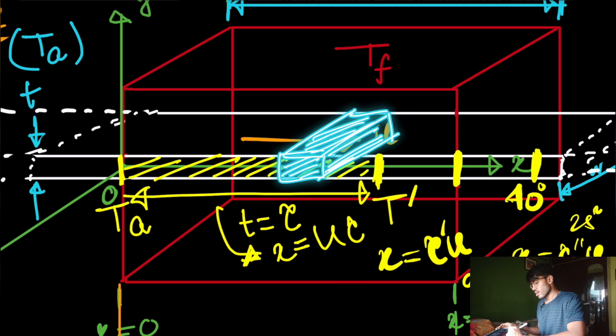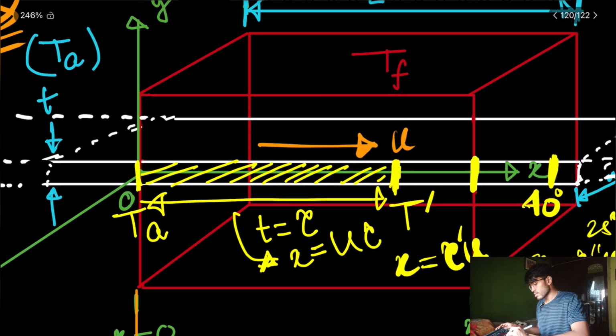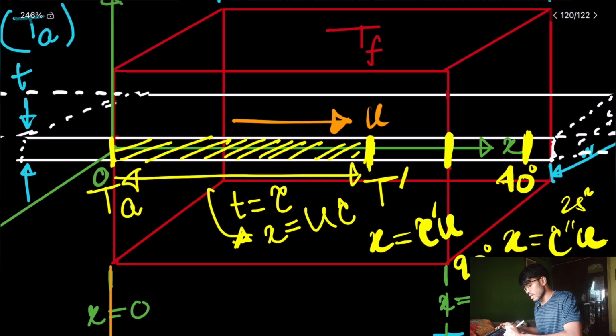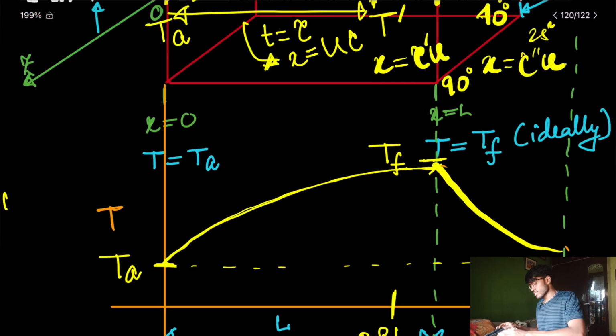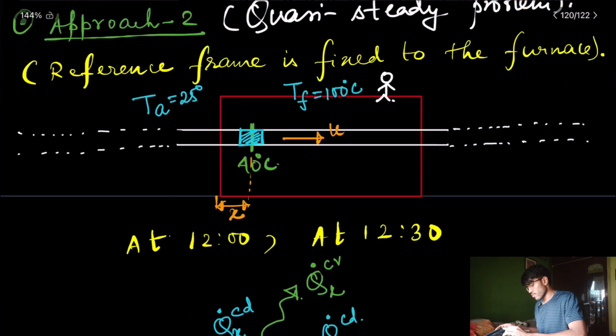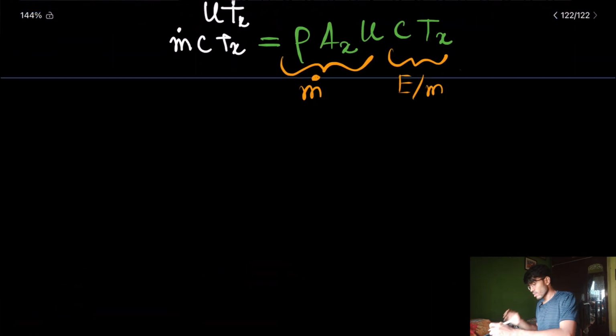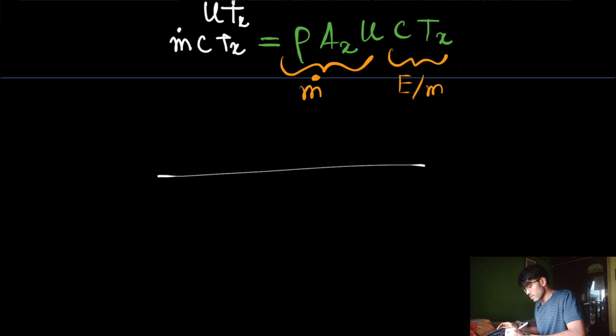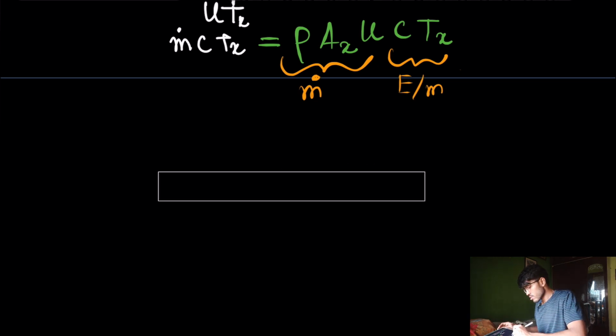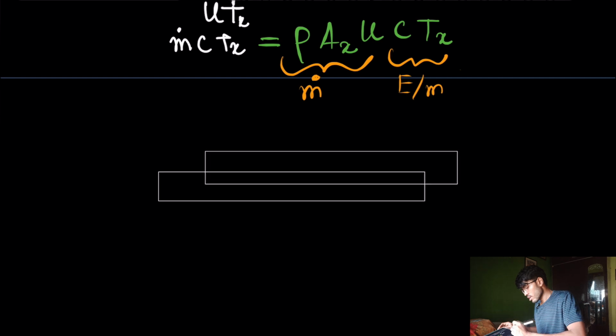Clear? Now through which area is convection happening? Through which area is convection happening? Let me draw it separately, otherwise it is being very untidy.